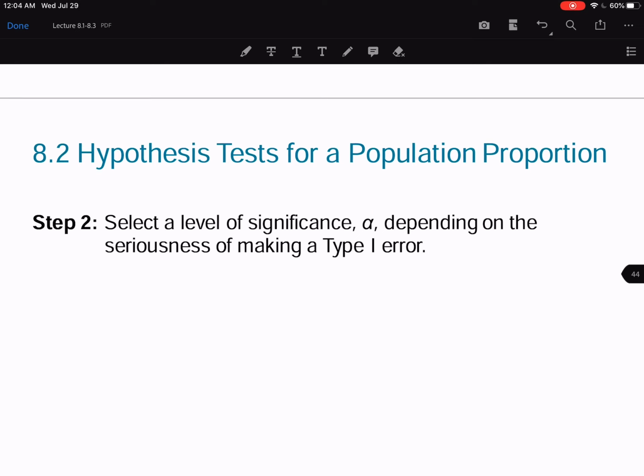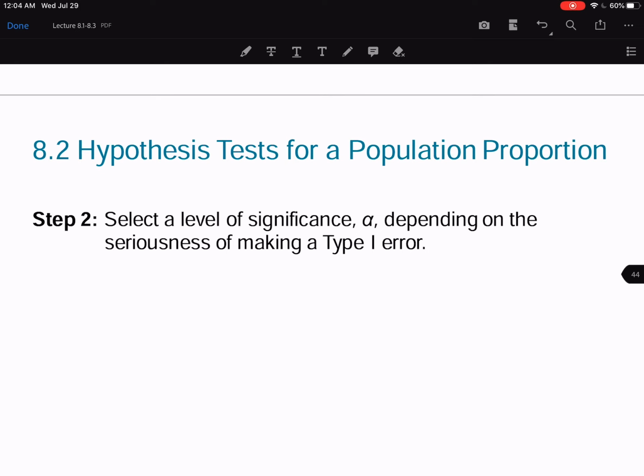Now, step 2, select the level of significance alpha depending on the seriousness of making a type 1 error. The value of alpha is always given either directly or indirectly. Directly means you can find the value of alpha directly from the problem.